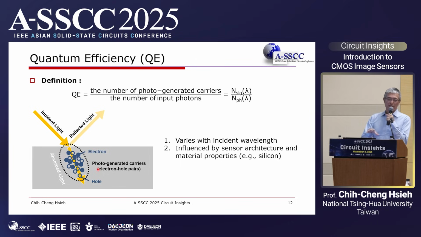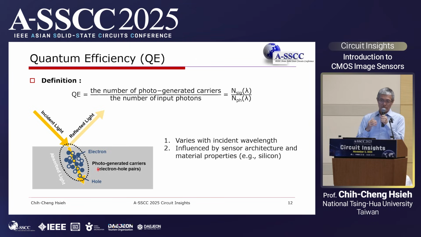So if the energy of the incident photon is larger than the bandgap, it will break through the covalent bonds and generate a free electron-hole pair. And that's the foundation of the photoelectric effect. It's the key reason why we can use semiconductors to do light sensing, because it is a proportional behavior.